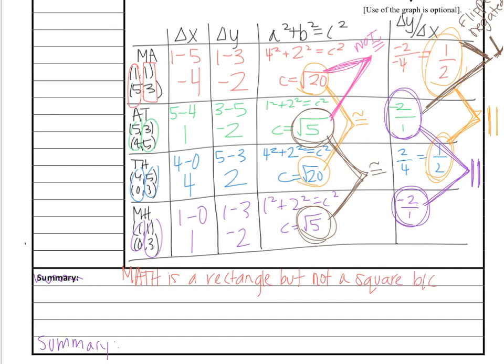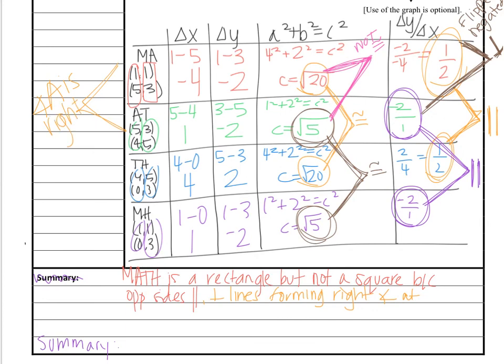Because, now we're going to just explain what we found. We found that opposite sides were parallel. Opposite sides are parallel. We found that there were perpendicular lines forming a right angle at, and in this case, because I used these two, the common letter is A, so angle A is right.